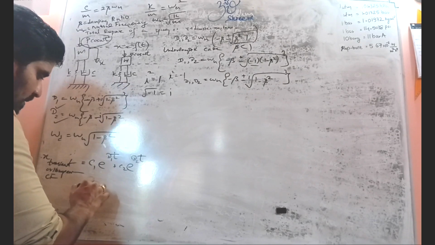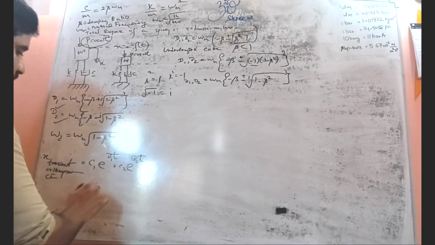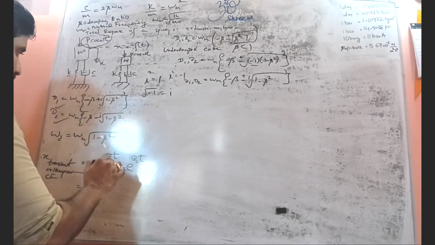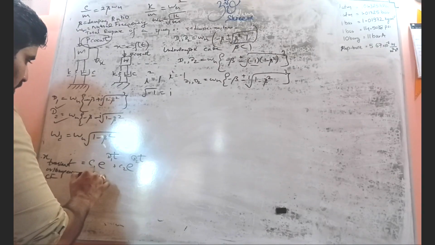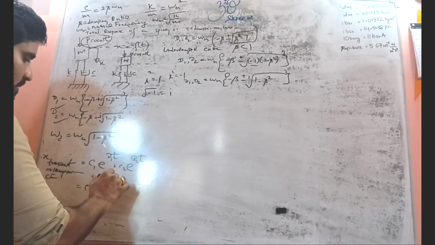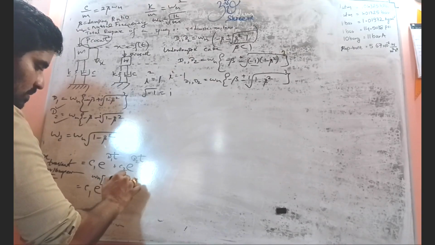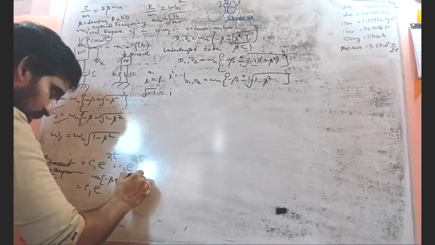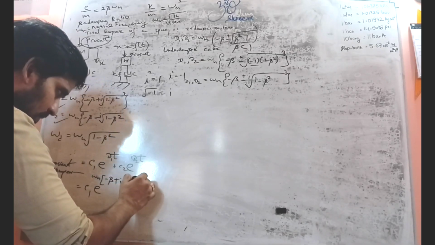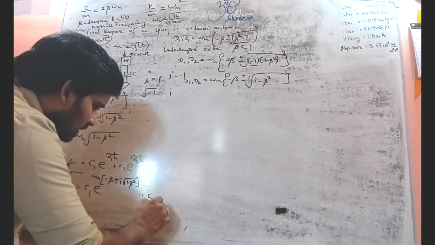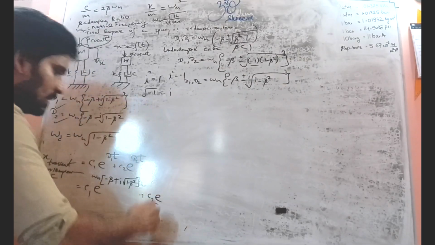Now let's write them. c1 e to the power, what is d1 now? That will be omega n times minus beta plus i times square root of 1 minus beta squared, times t, plus c2 times e to the power d2, the second root.